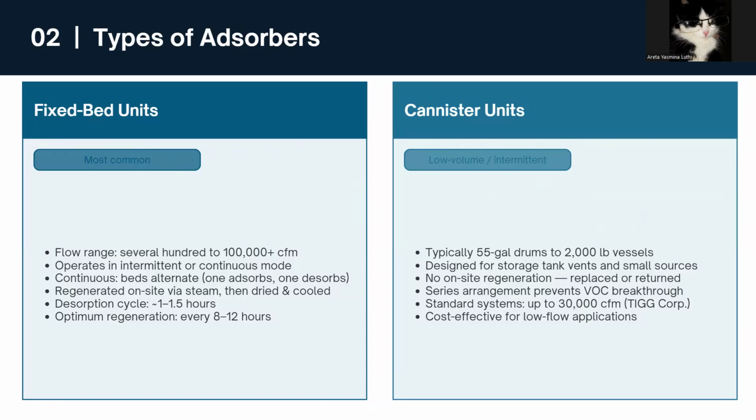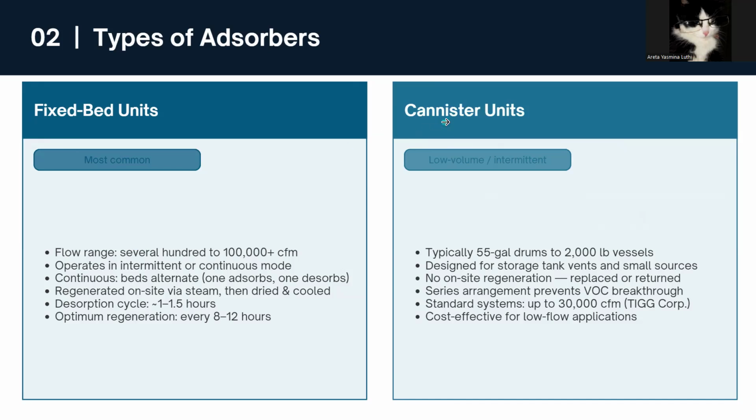In continuous operation, the more common mode, at least 2 beds run in parallel: while one bed adsorbs VOCs, the other is simultaneously being regenerated with steam. The desorption cycle takes approximately 1 to 1.5 hours. After steam injection, the bed must be dried and cooled before returning to service. The EPA recommends regeneration every 8 to 12 hours for optimum performance.